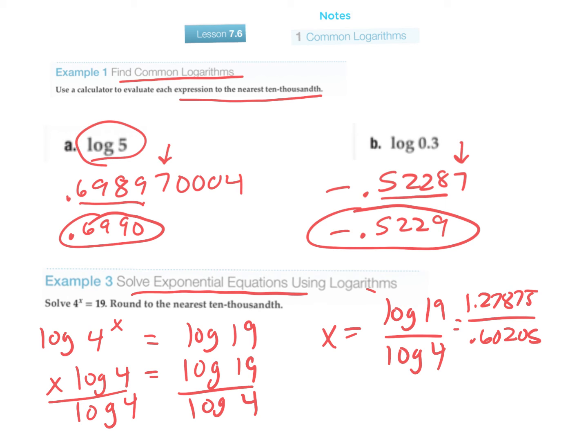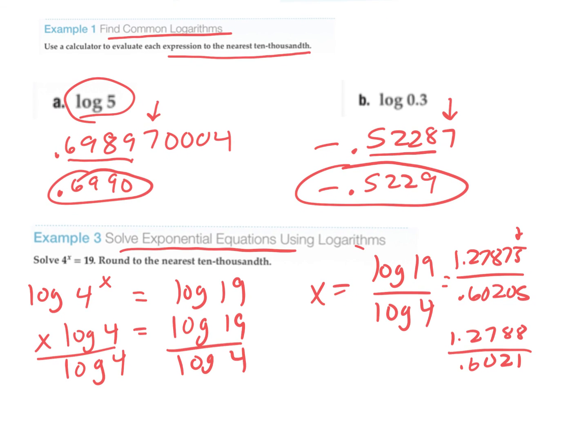And because both these numbers on the end are bigger than 5, the top one rounds to 1.2788 over 0.6021. And if you put that in your calculator and divide those, so if I go 1.2788 and divide it by 0.6021, I'm going to get an answer.